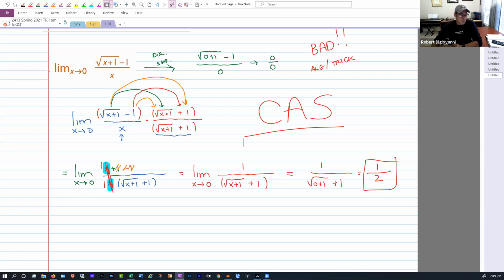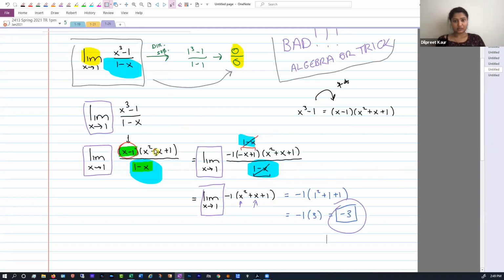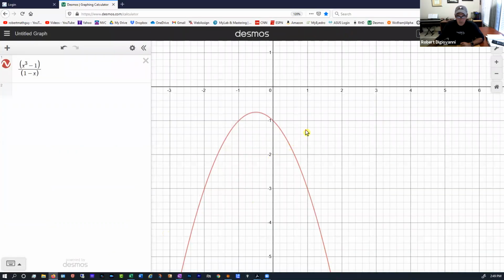Dilpreet, do you have a question? Yes. I don't understand how you were able to see that answer, -3, for the example we did last. How did you say it's -3 just looking at the graph?